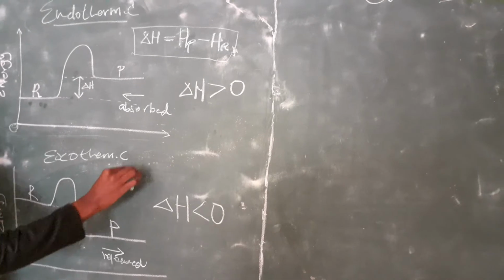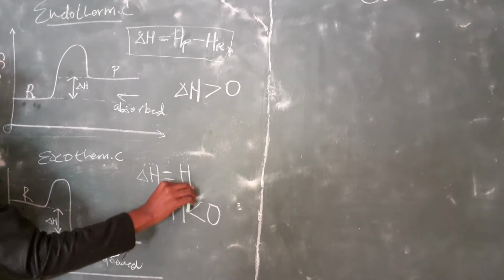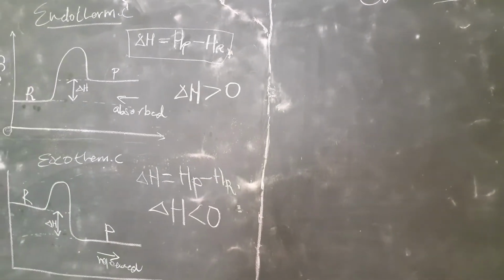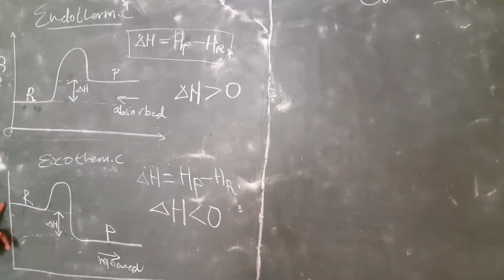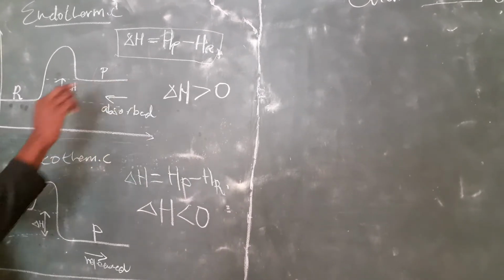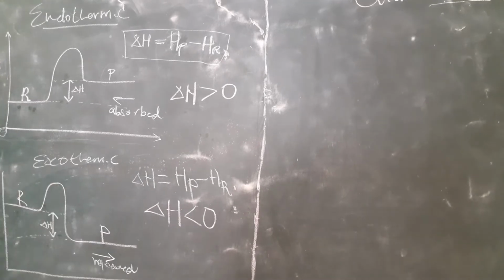This one also works in terms of the heat being equal to the heat of the product subtract the heat of the reactants. If here I have 10 and here I have 20, then 10 minus 20 gives me a negative answer, and a negative is always less than 0.